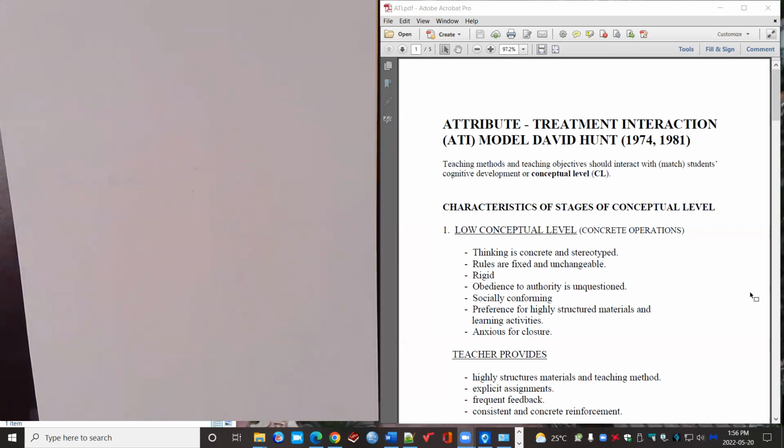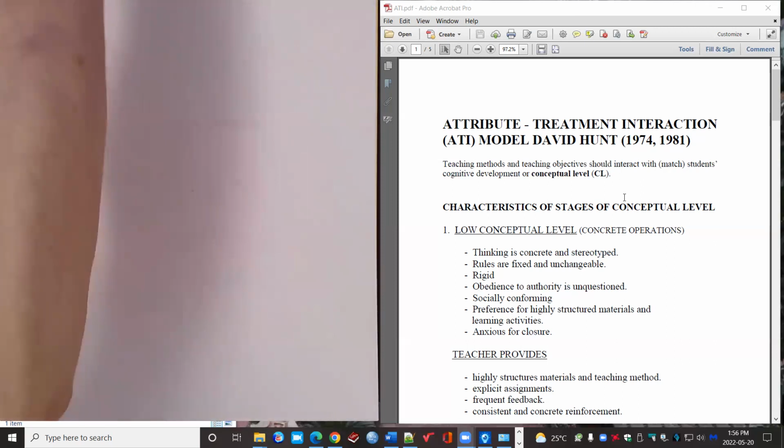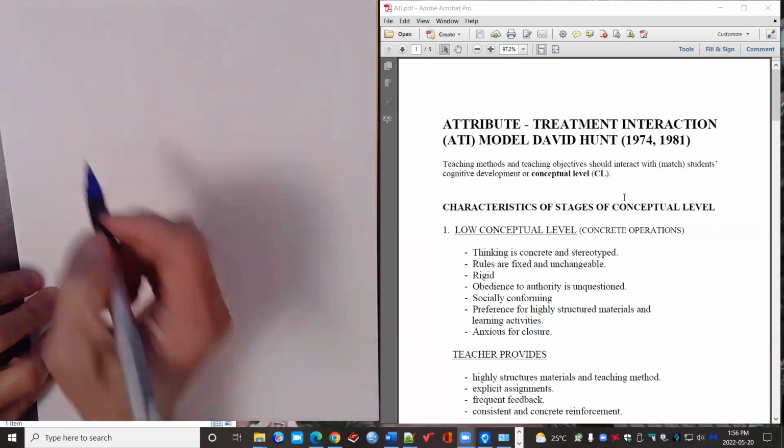So the art of teaching means matching the teaching methods and teaching objectives with the CL of the students. So this is called the ATI model, the attribute treatment interaction model. All right. Now, the notion of matching and mismatching is this here.